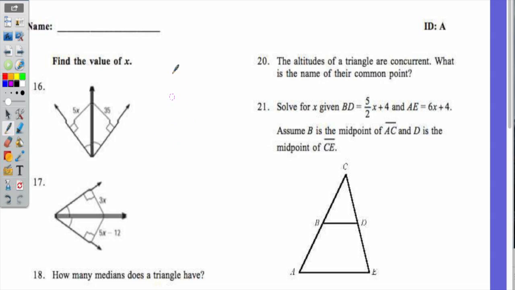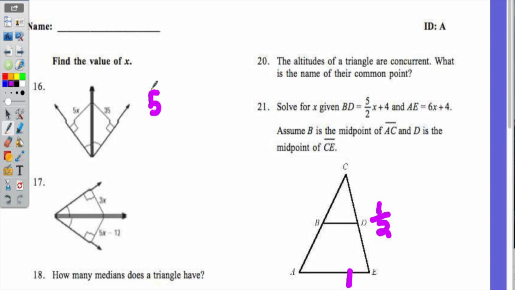For number 21, 5x plus 4 is a mid-segment. And 6x plus 4 is its parallel side length. That means this is 1/2 of this. Okay? So you could say 5/2 x plus 4 equals 3x plus 2.